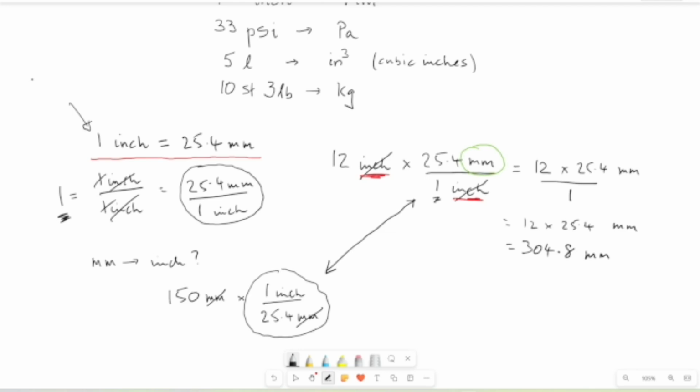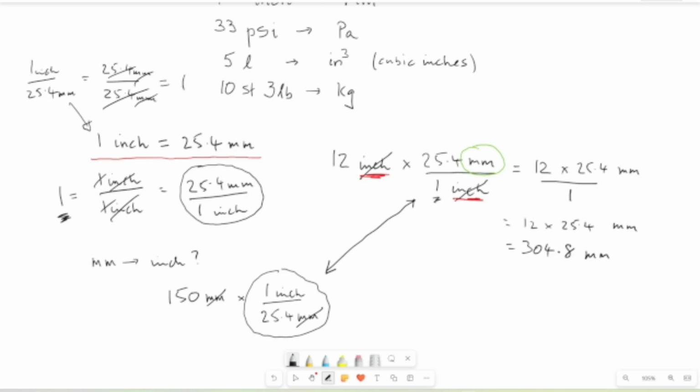Now let's just see what that looks like. 1 inch divided by 25.4 millimeters equals 25.4 millimeters divided by 25.4 millimeters. Those cancel, the units cancel, we're left with 1.